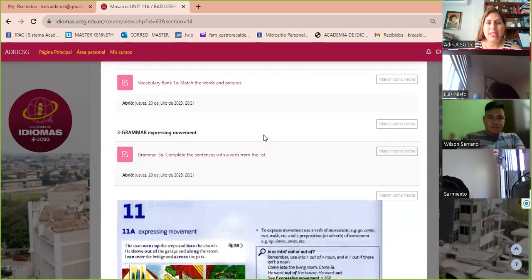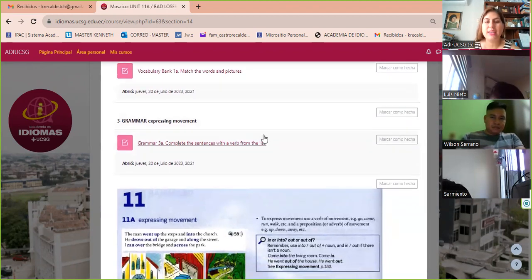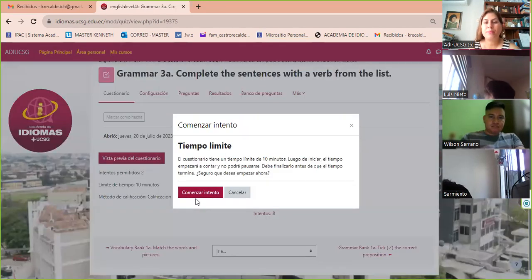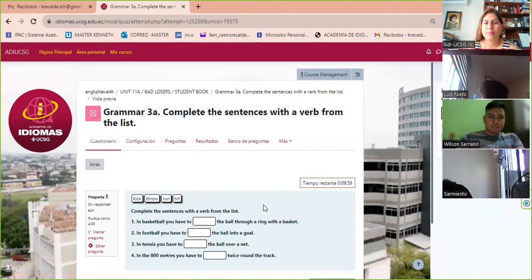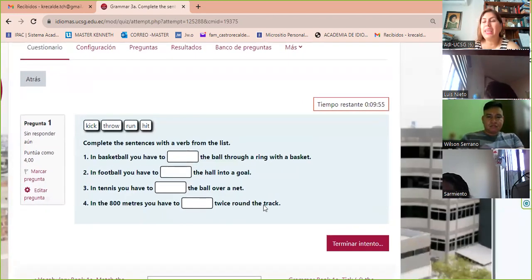Okay. Now it says expressing movement. Complete the sentences with a verb from the list. Let's check exercise 3A. We have kick, throw, run, and hit.